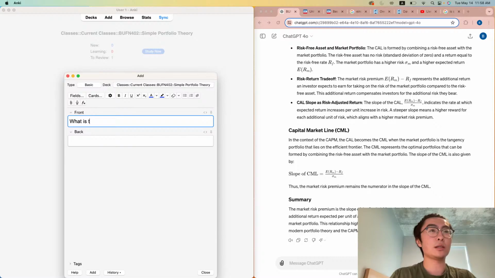So what is the equation for the capital market line?